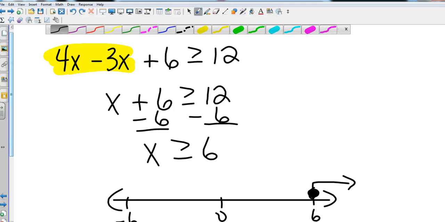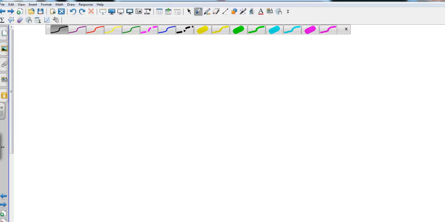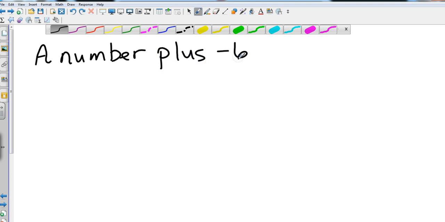They might actually take something in words and make you create it and solve it. Maybe something like a number plus negative 6 is less than 12.